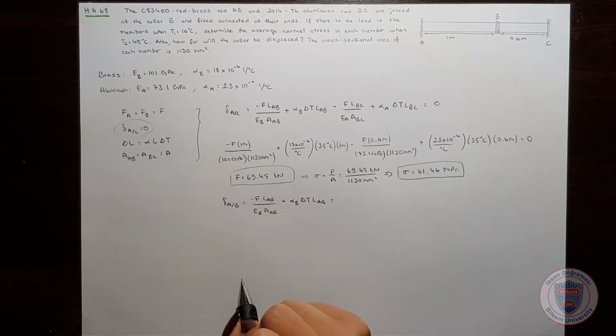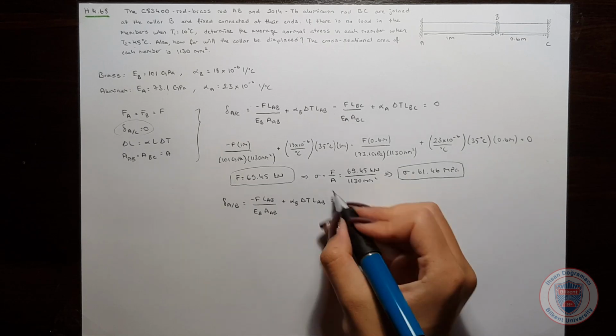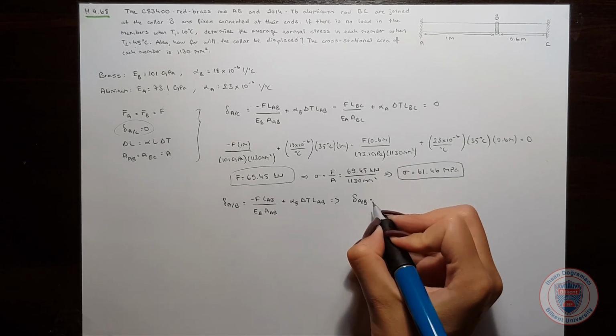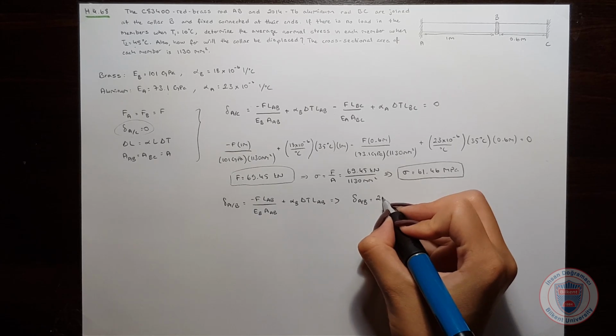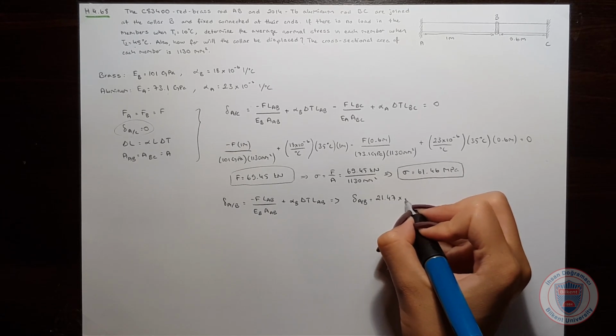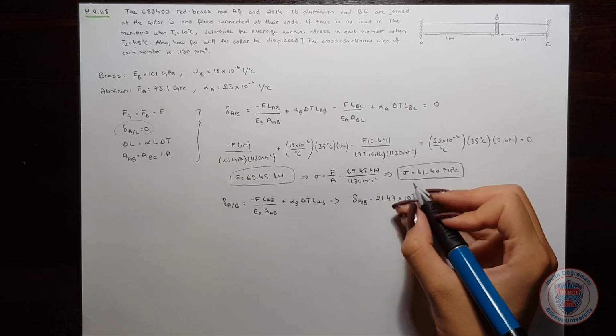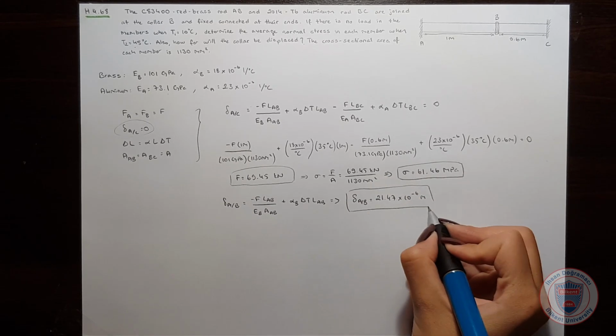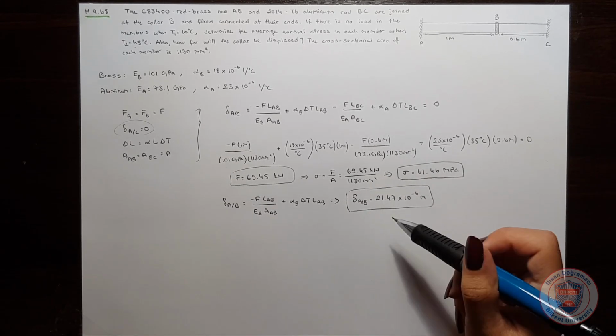And when you substitute the values, you will get the displacement from A to B equal to 21.47 times 10 to the power of minus 6 meters. And this is equal to the displacement of the collar.